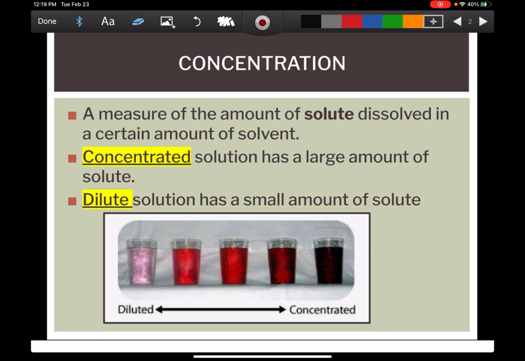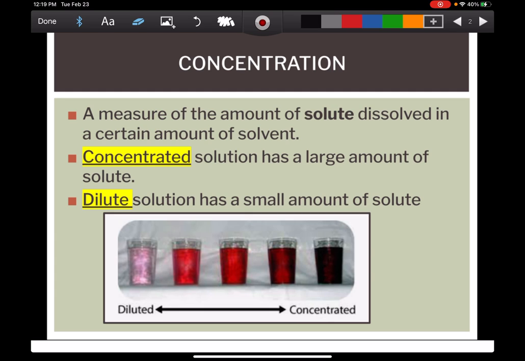If you look at the picture I've chosen here, a dilute solution is one with a little bit of solute in it. So if I was to begin dissolving some cobalt chloride in water, and I put just a little bit in and stirred it, it might look like the diluted example on the far left.